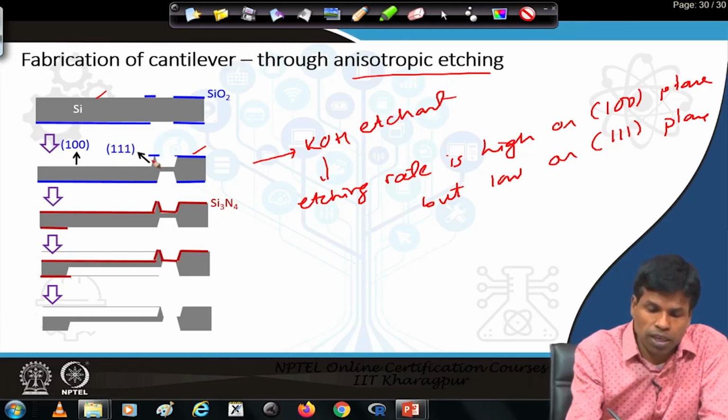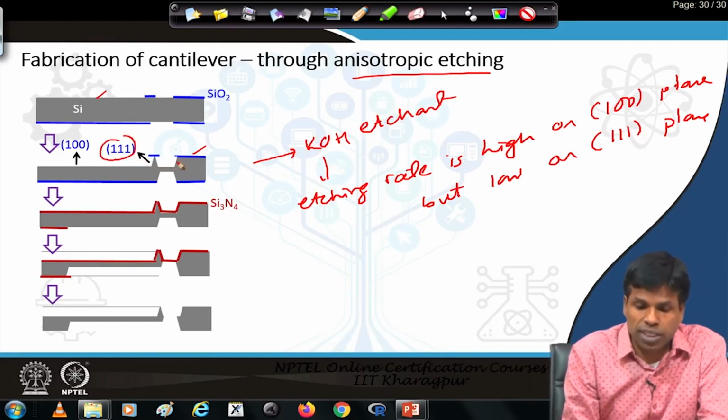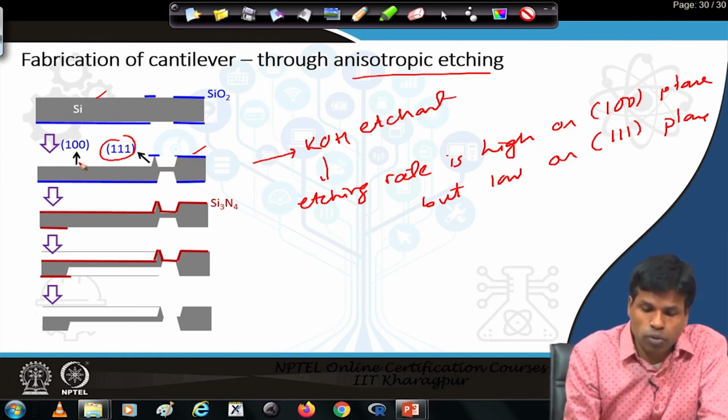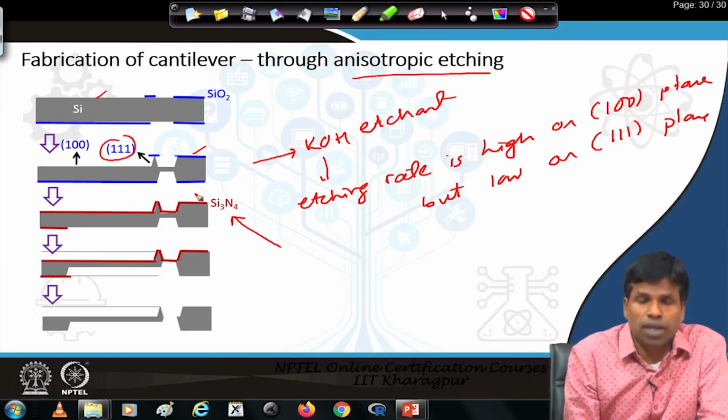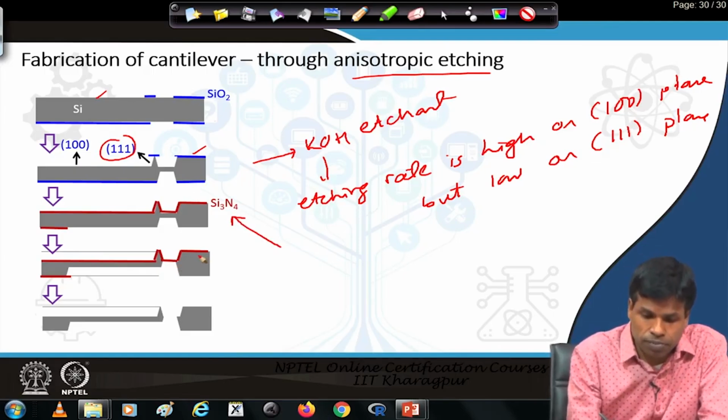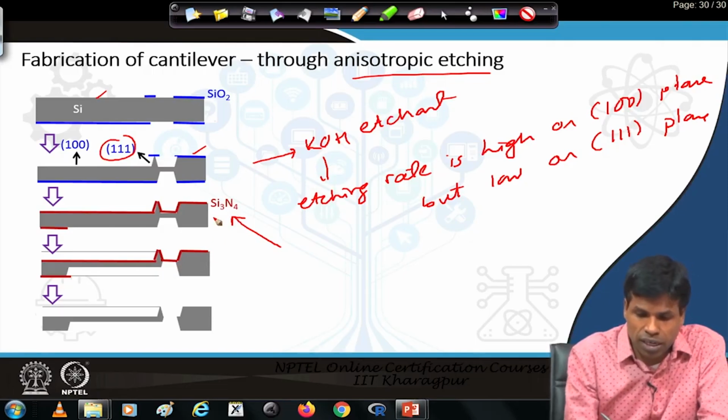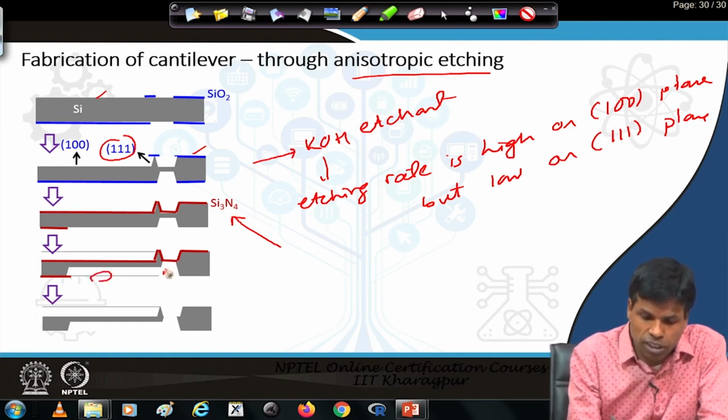Therefore, it produces the facets of 111, as you see here, wherever these sides are producing facets. Once it is etched away, a protective layer of Si3N4 can be coated selectively, and after putting the protective layer of Si3N4, further etching can be done. This region can be further etched.